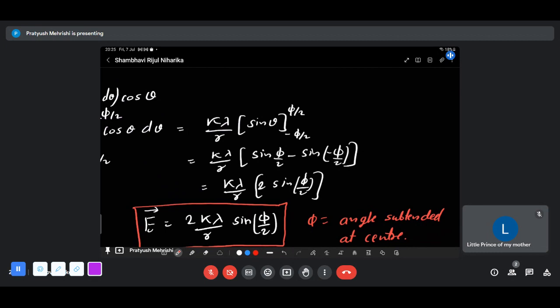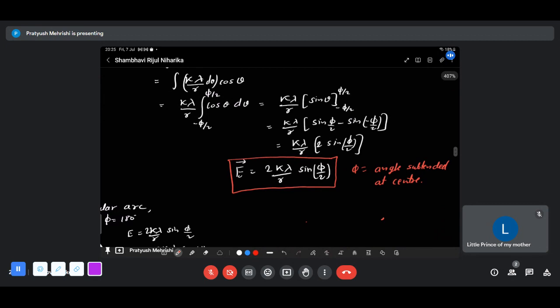Upper limit is plus phi by 2, minus of lower limit, which is minus phi by 2, so minus minus becomes positive. We get 2 sine phi by 2. This is the electric field due to an arc making an angle of phi at the center: 2k lambda by r sine of phi by 2.